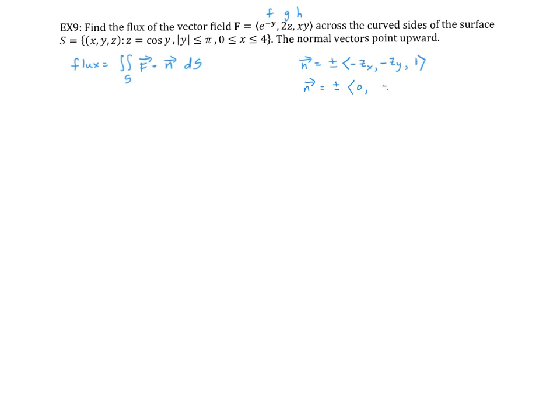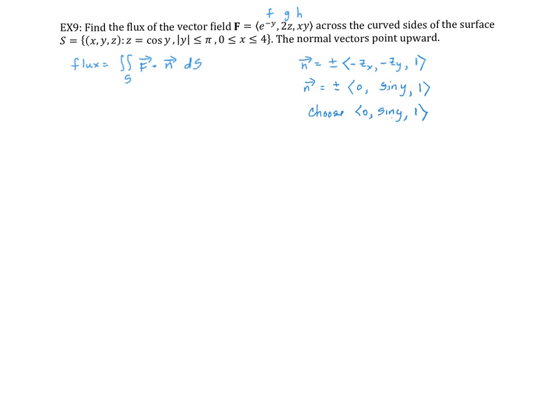Z with respect to y would be negative sine, but it's a negative, so it turns into a positive sine of y, and then 1. So since I'm choosing upward vectors, I'm going to choose the positive 0, sine y, and 1, right? Because it says I'm looking at normal vectors that are pointing upward.